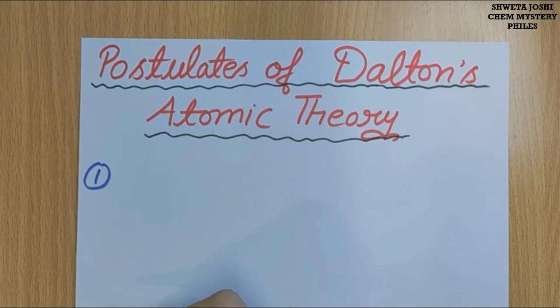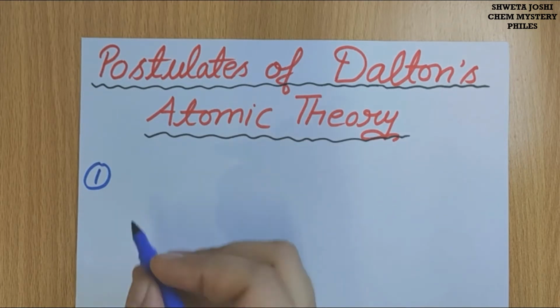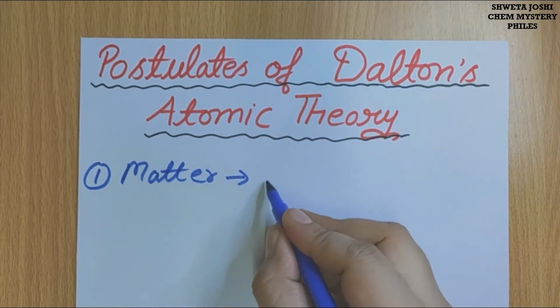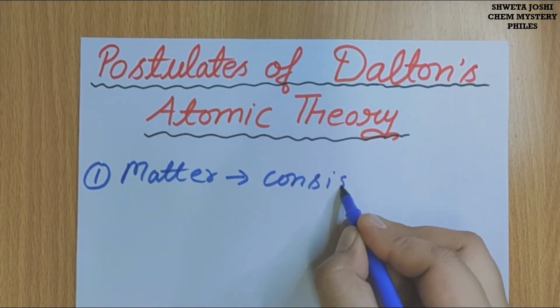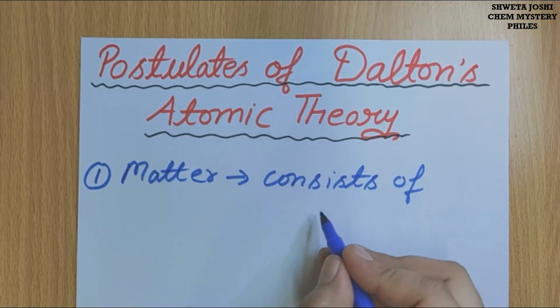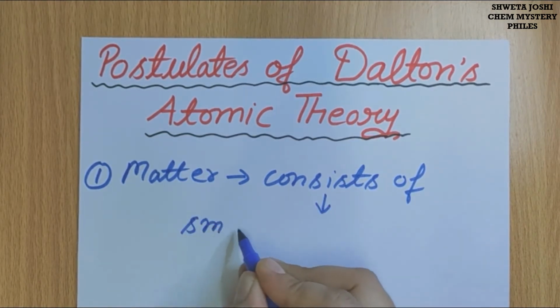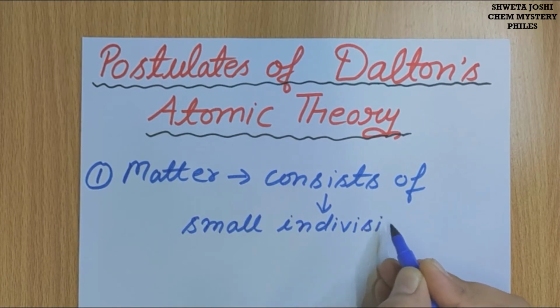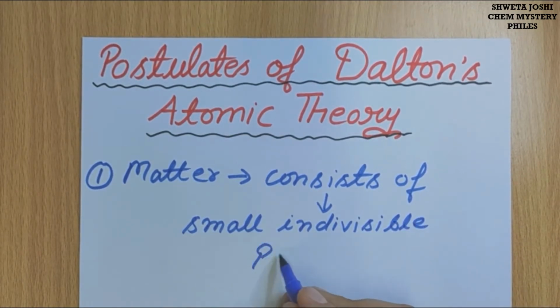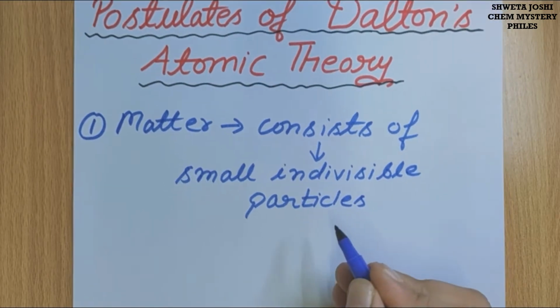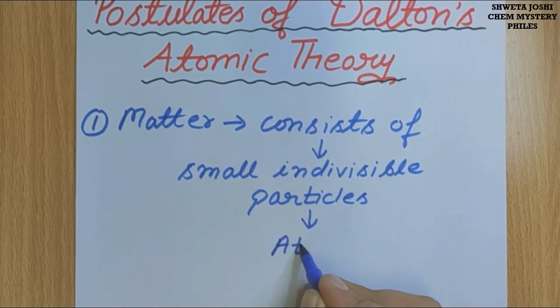First postulate is that matter consists of small indivisible particles which are called atoms.